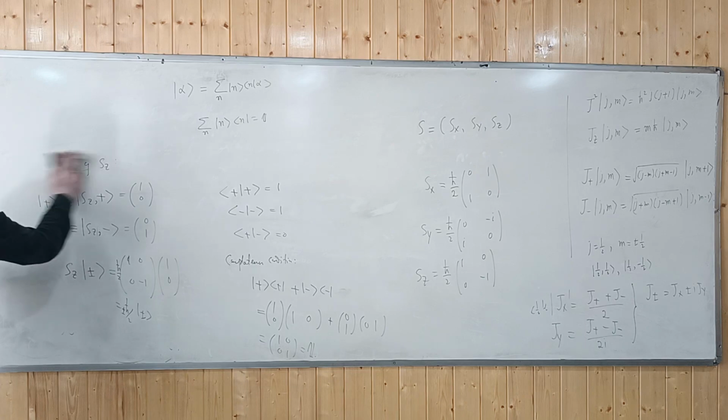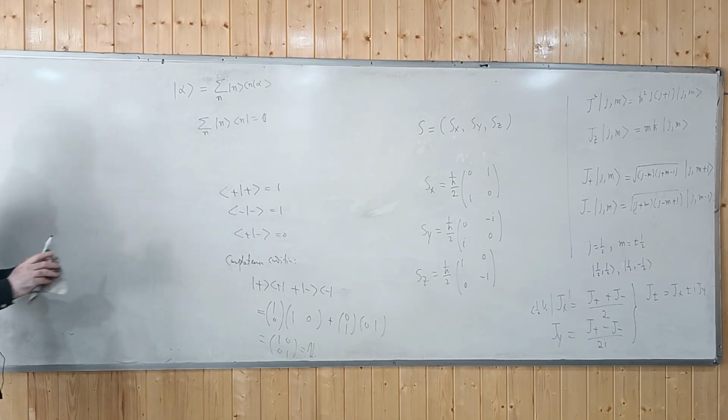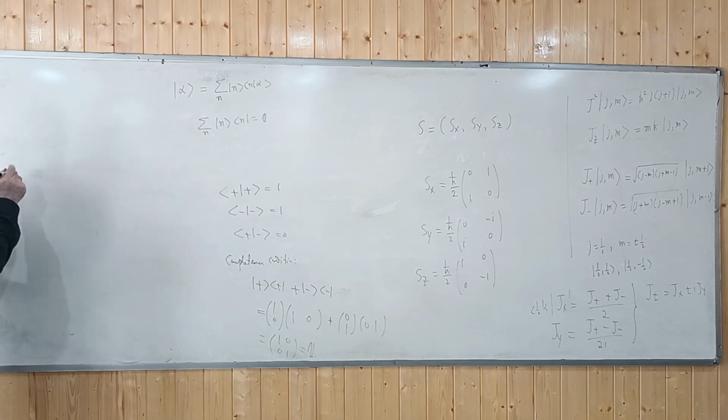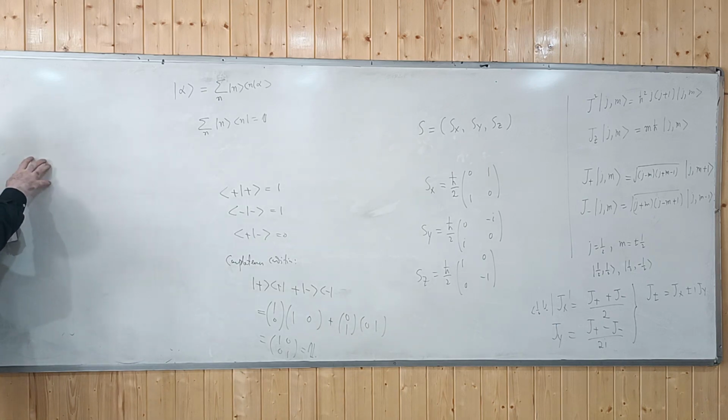Okay, so now, if you have a basis, let me first write the vector, then I will repeat what I am doing. I will take now an arbitrary vector that represents the state of a spin half particle. Clear? You have a spin half particle, let's describe that by some state vector alpha.